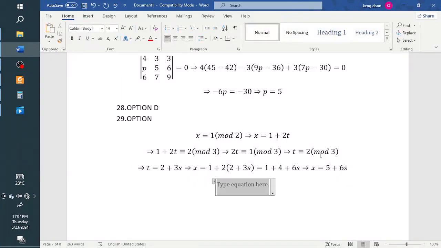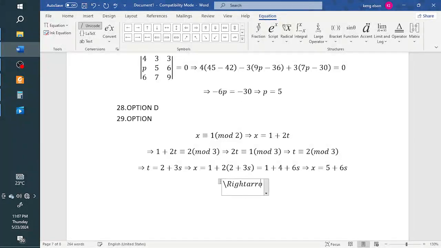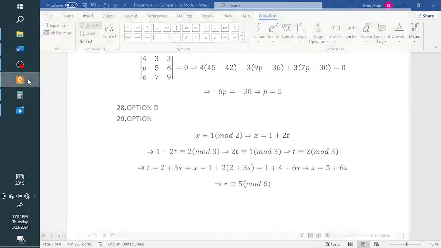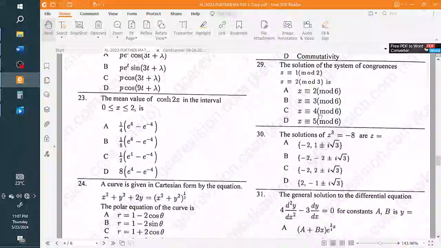Now if I convert it back to a congruence, I will have x congruent to 5 mod 6. Now time to check the answer. Option D, 5 mod 6.